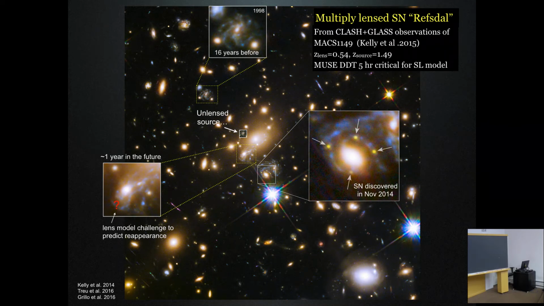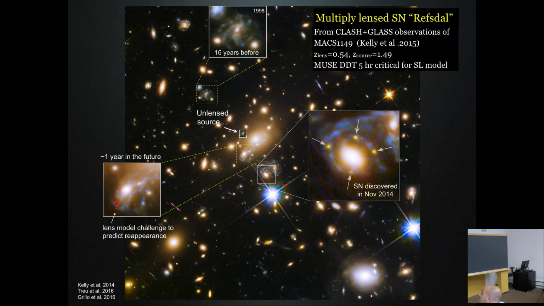But it was expected to reappear in this other image near the center of the cluster 1 year after the discovery of this set of multiple images. So we could basically test the lens models to see if they were able to predict the reappearance of this supernova in this other image.